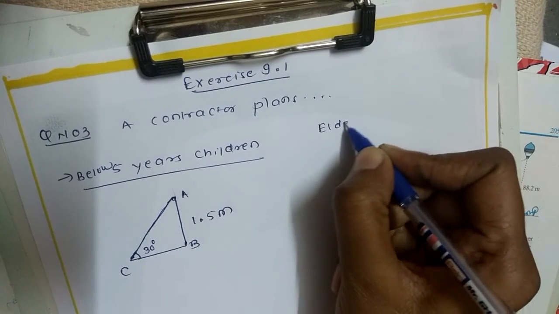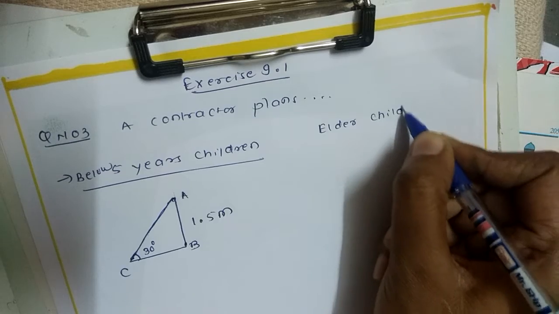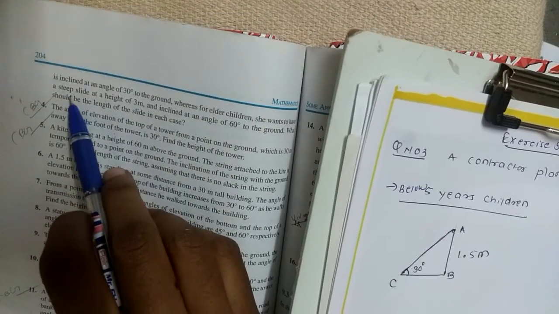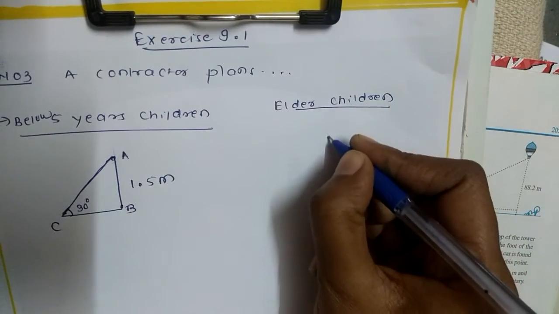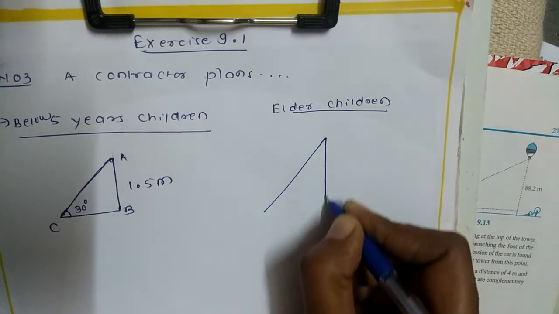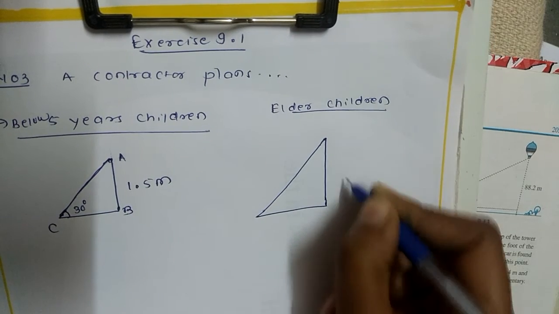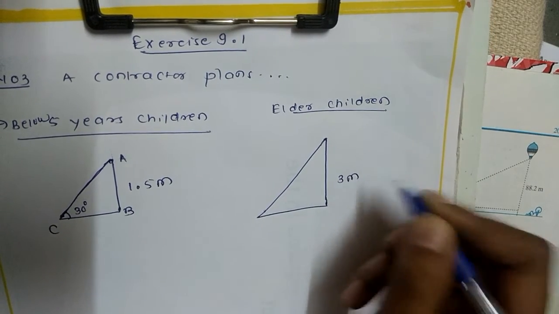Whereas for elder children, so we'll write here for elder children. She wants to have the steep slide at the height of 3 meter. For here also we will draw figure. So here the height is 3 meter. So this will take as 3 meter.